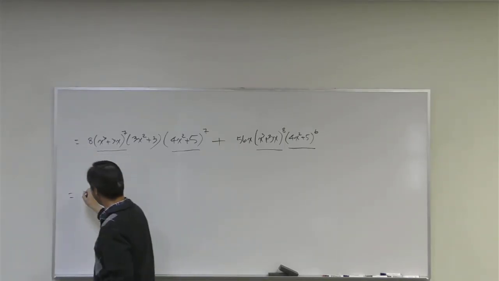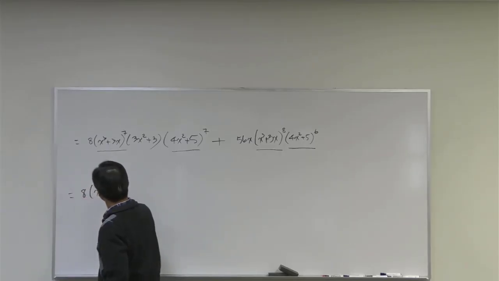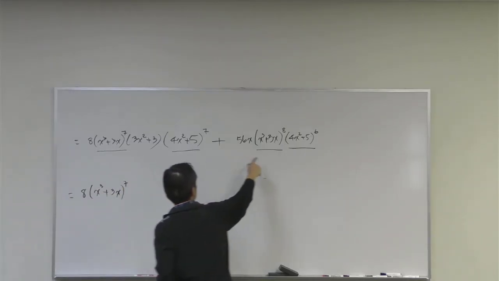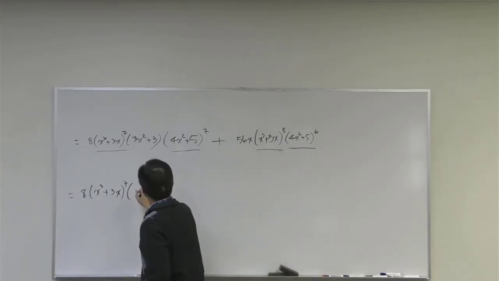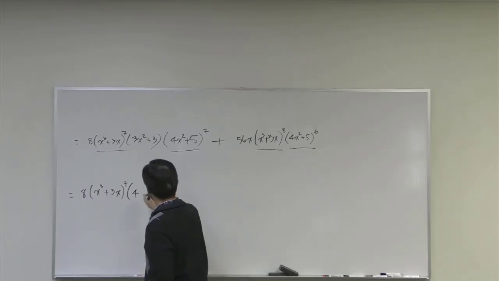So you could have factored out 8, and x cubed plus 3x to the 7th. That's a common factor. And then the other common factor, the lowest power there is the 6th, so 4x squared plus 5 to the 6th power, we factor out, right?